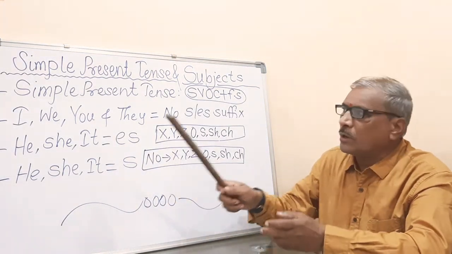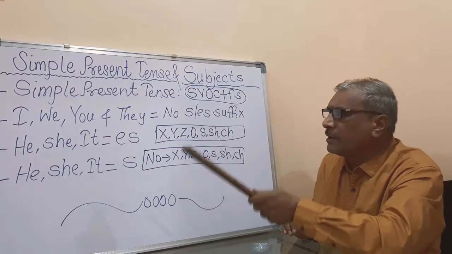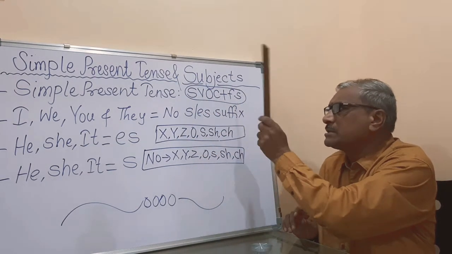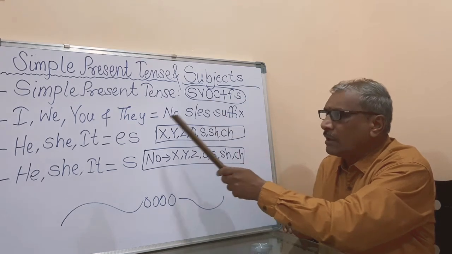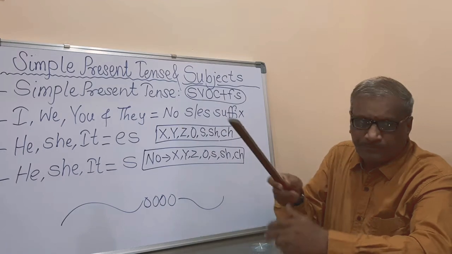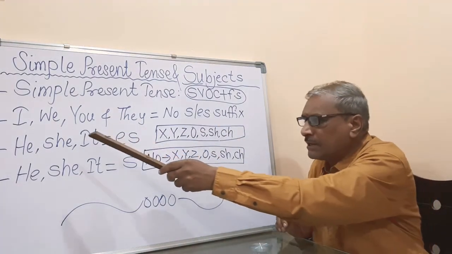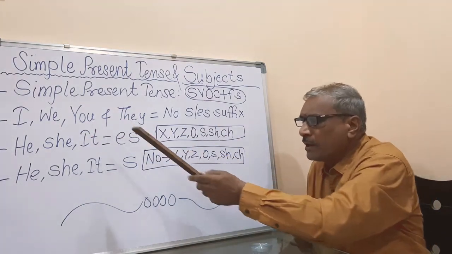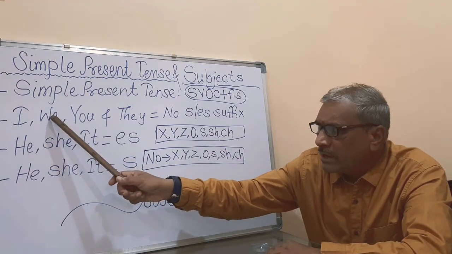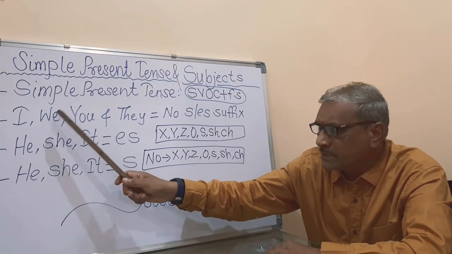That is the rule. So today here we saw the simple present tense and its subjects, its pattern and its rules, and about the subjects. The subjects are I, we, you, they. Now here I will clarify that I, we are the first person subjects.